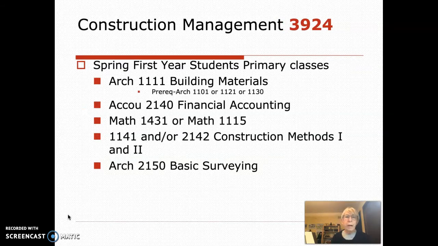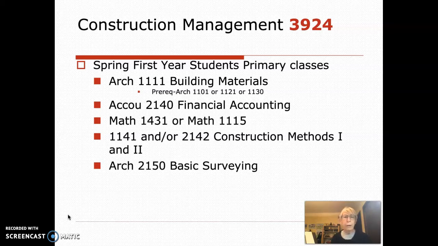For construction management for the first year students, the most important spring class is building materials. It is the third of your key CM prerequisite classes. You should have completed the other two in the fall, Architecture 1130 and 1301, and Architecture 1111 will give you the final one of those three.